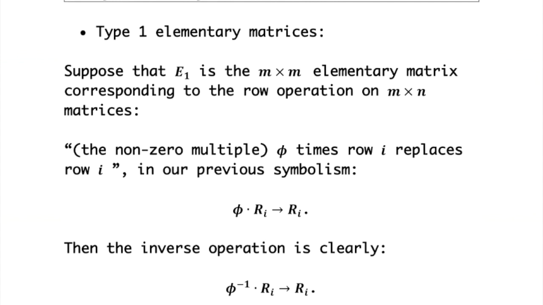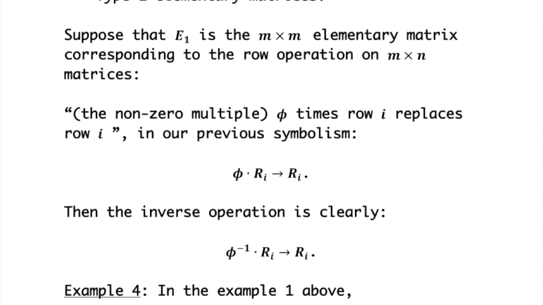In our previous symbolism, you have there phi times r sub i replaces r sub i. Then the inverse operation is clearly the multiplicative inverse of phi, the reciprocal of phi, if you wish, times r sub i replaces r sub i.